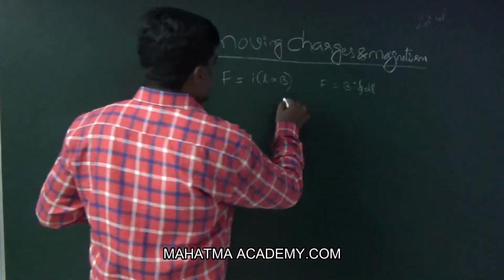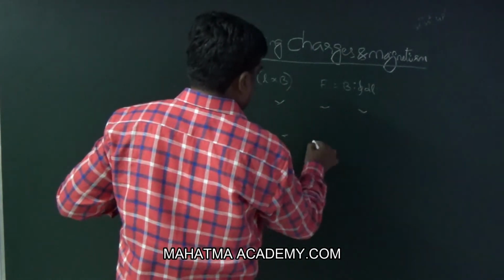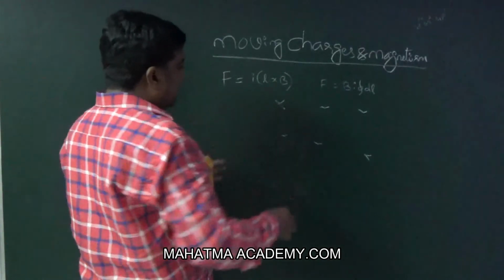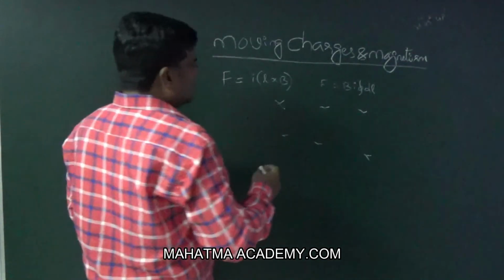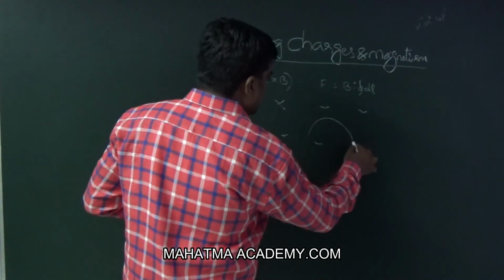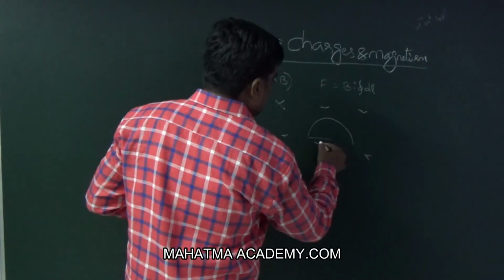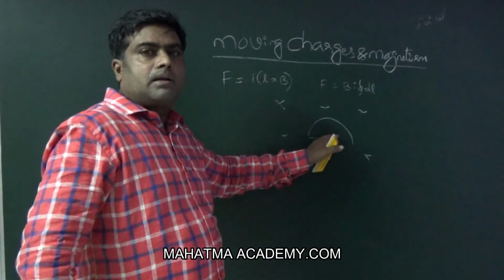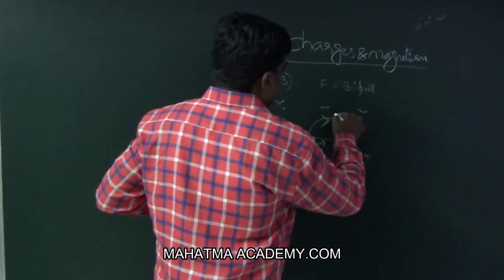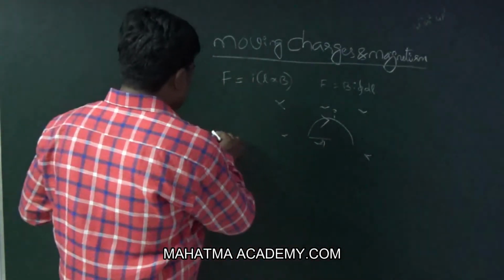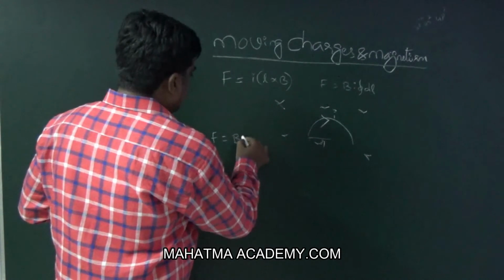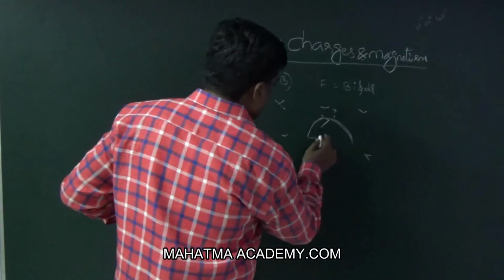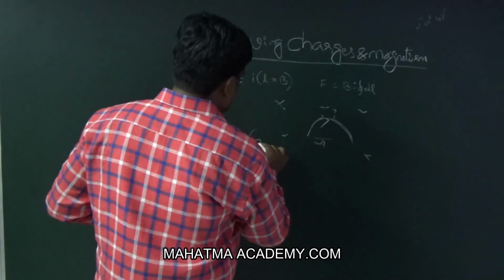Now suppose the field is like this, that means the field is inward into the board. Suppose the conductor is semicircular with radius R. What is the force on the semicircular current carrying loop? F equals B I times the integral of this part, which equals 2R. The integral of this part is 2R.